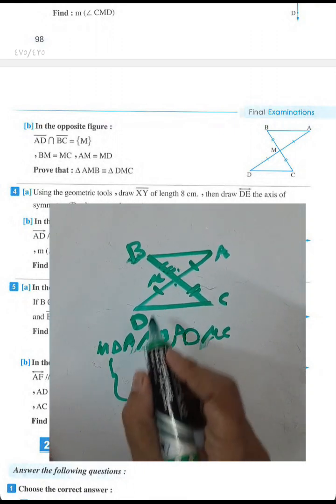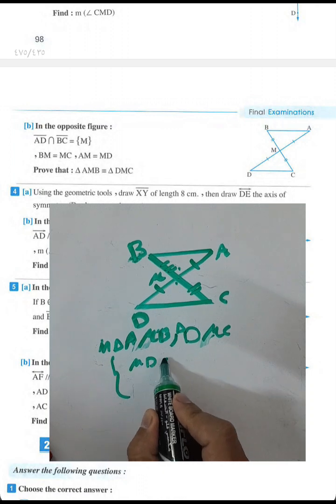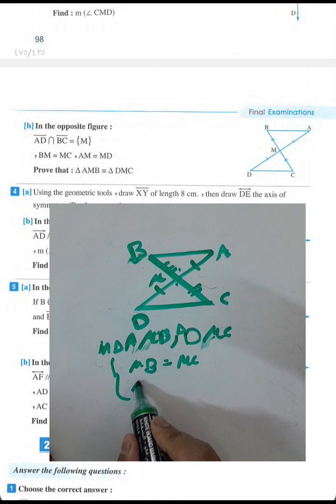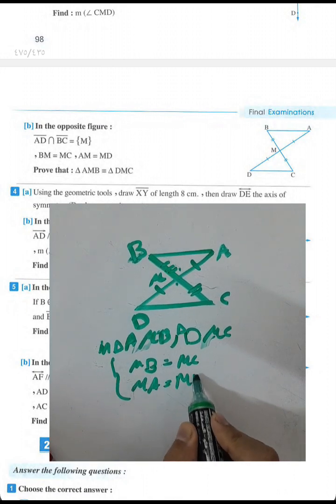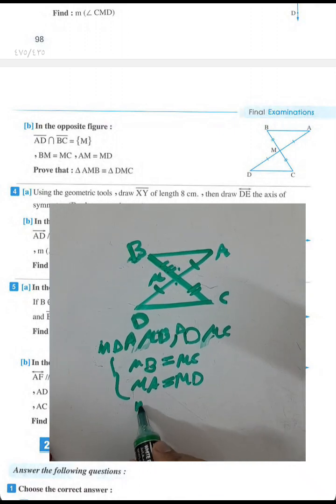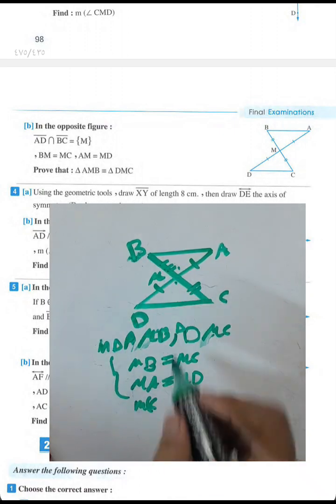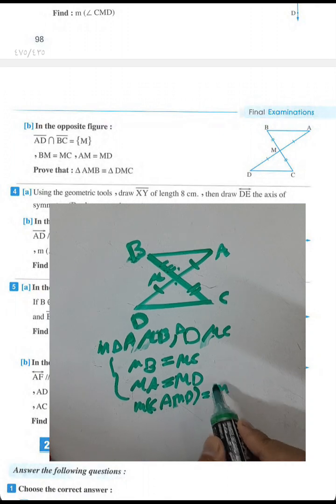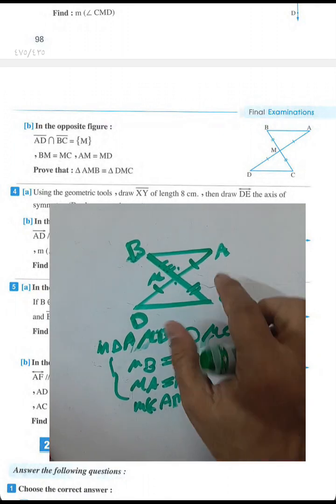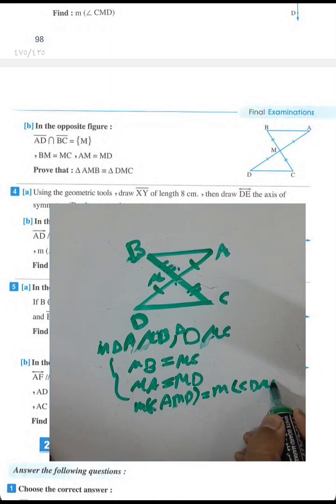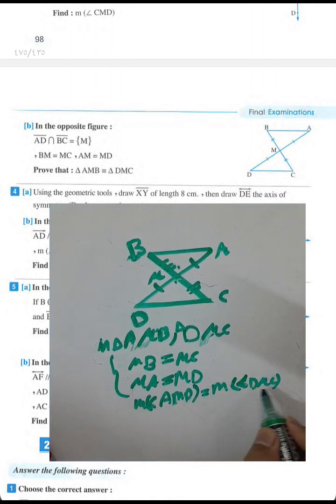We have MB equal to MC and MA equal to MD, and the measure of angle AMB equals the measure of angle DMC.